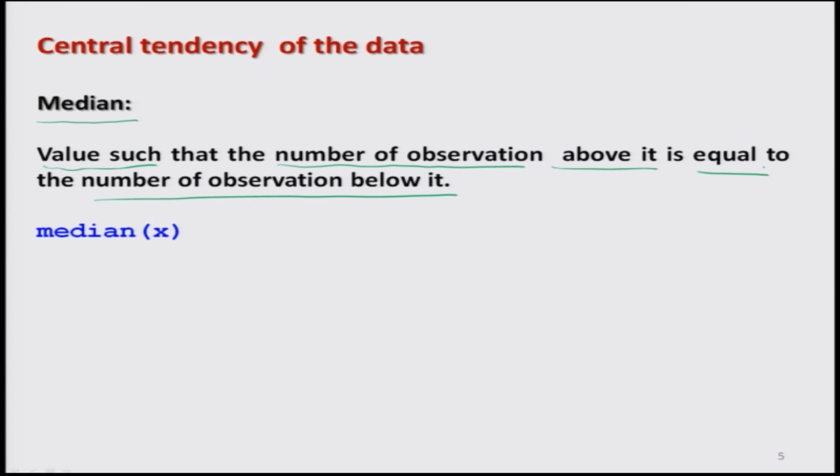In order to compute the median, we have a direct function in R, and the syntax is median, and inside the argument the data vector. So, you simply have to write median, in small letters, and inside the argument give the data vector.